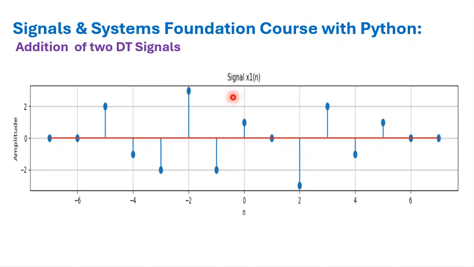So this is a discrete time signal, and let's talk about its amplitude. At -7 it has amplitude of 0, at -6 amplitude of 0, and at -5 it has amplitude of 1.